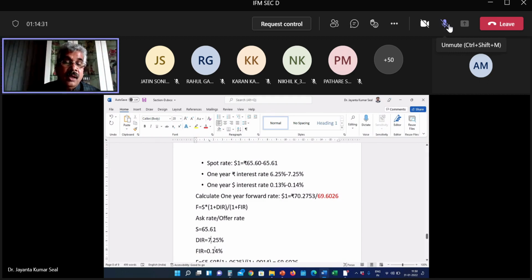Once I buy the dollar and invest it, how much interest will I get? 1.3.